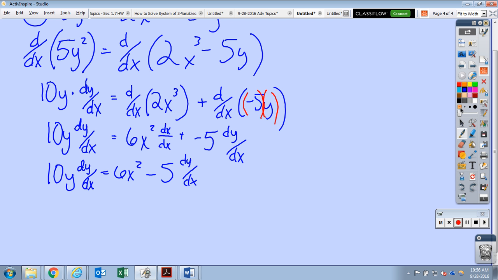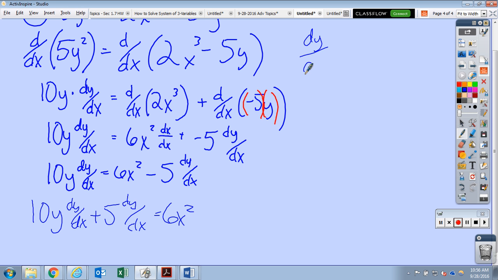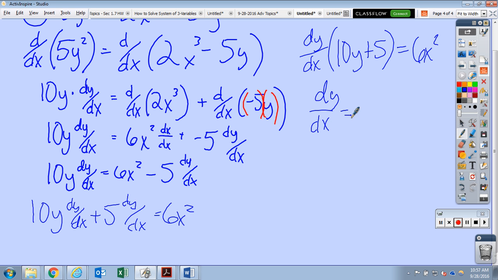And then we bring over, so I'm going to add 5, so 10y dy dx plus 5 dy dx is equal to 6x squared. And now I can factor out dy dx. So dy dx times 10y plus 5 is equal to 6x squared. And then at the last step here, divide both sides by 10y plus 5. So dy dx would be equal to 6x squared over 10y plus 5.